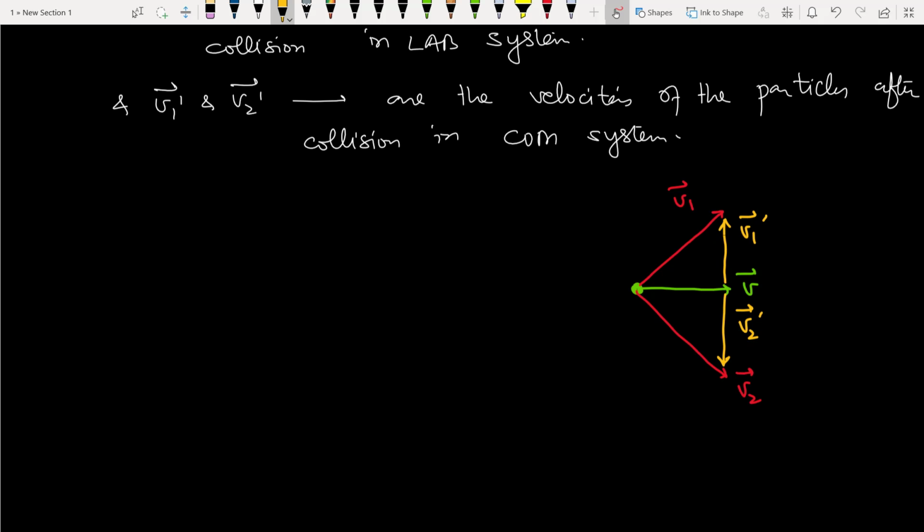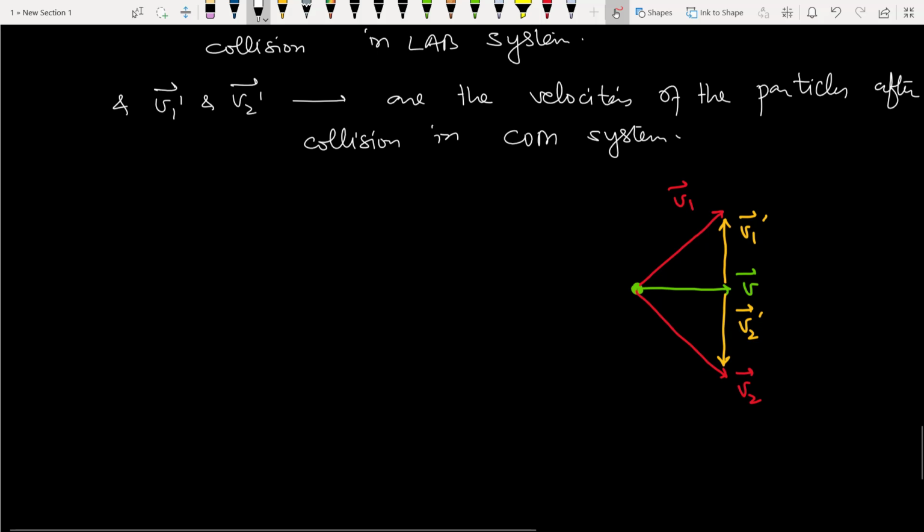So yellow colored velocities are velocities after collision in center of mass frame of reference, red colored velocities are velocities in lab system after collision, and green color is velocity of the center of mass.